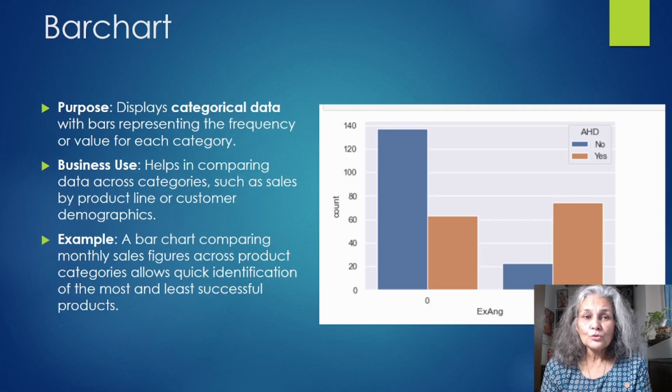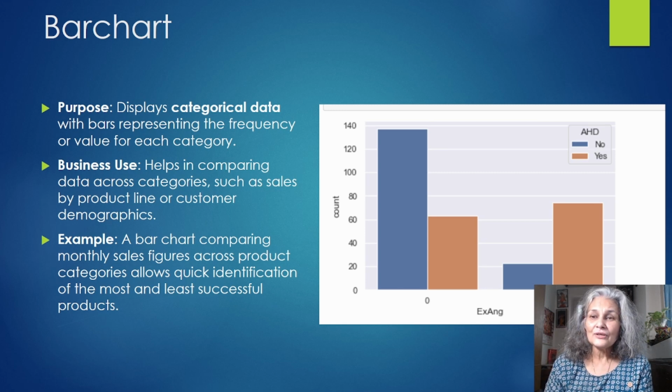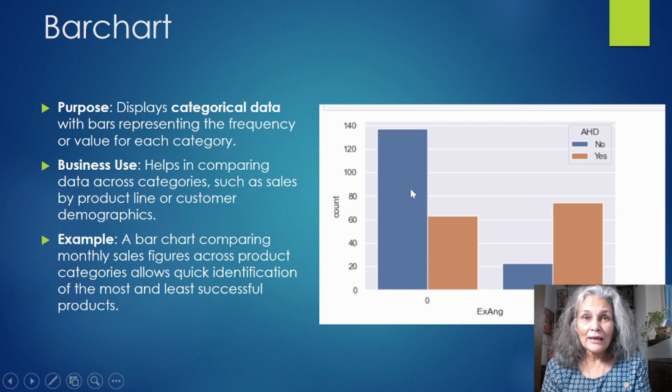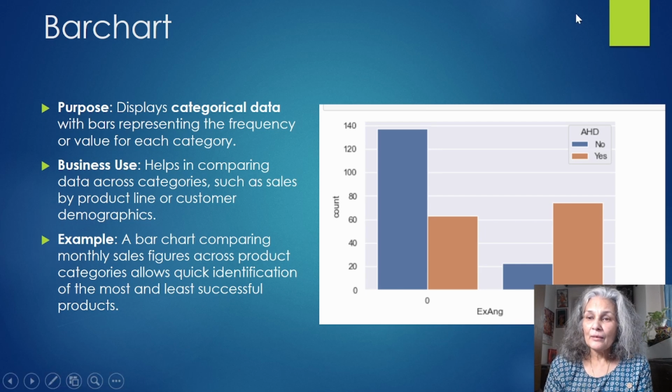Now we come to more categorical data, and one of the important charts is a bar chart. In a categorical variable, what happens is you have a frequency count. For example, in this variable of arterial heart disease, no and yes.